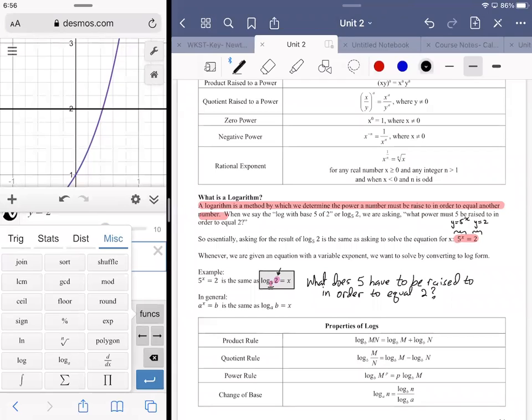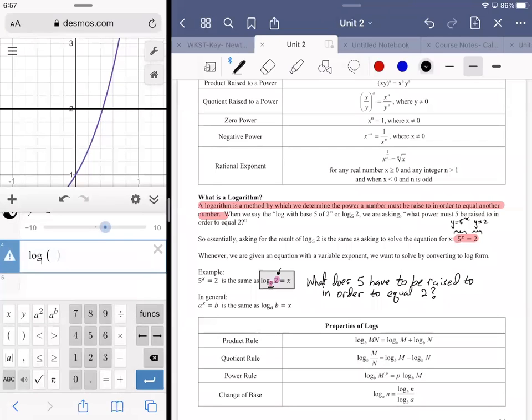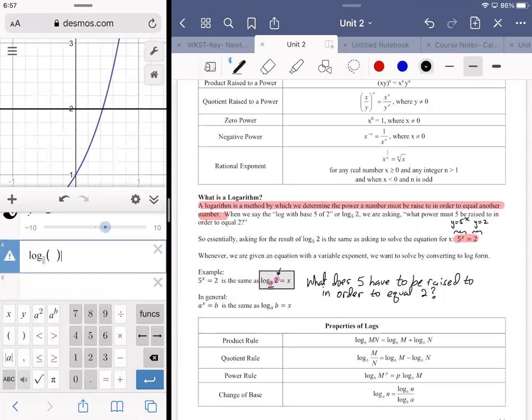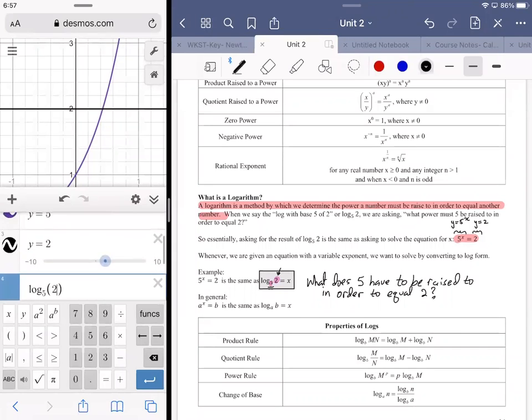You go to miscellaneous, and then you'll see log and then log A. If you select log A, you see the notation of log A. It's got a little base there. It allows you to put whatever base you want. So I can tap in here a 5, and then a 2, and I mean, no guess and check required.